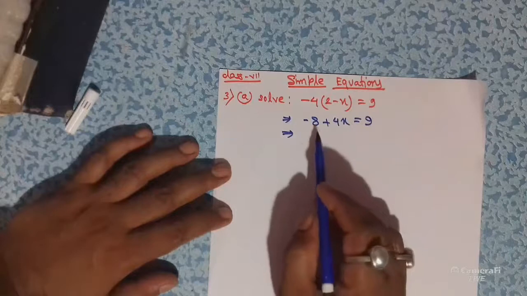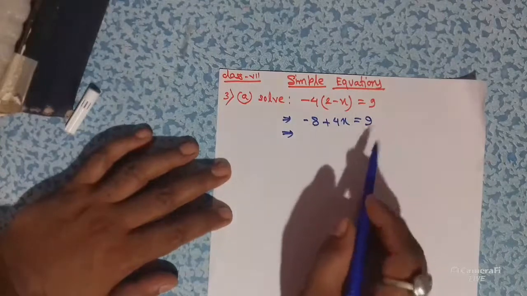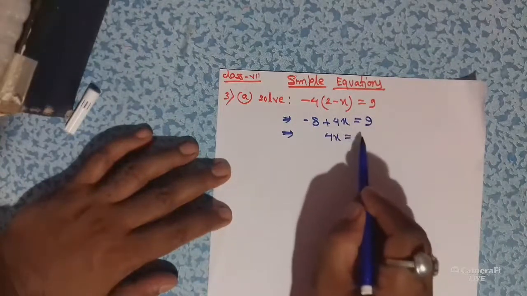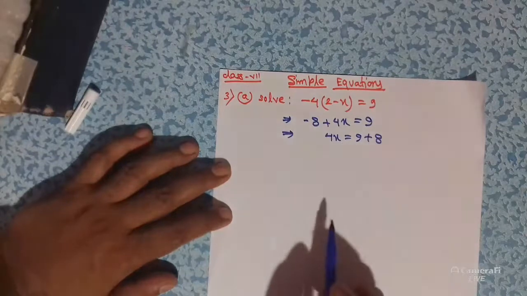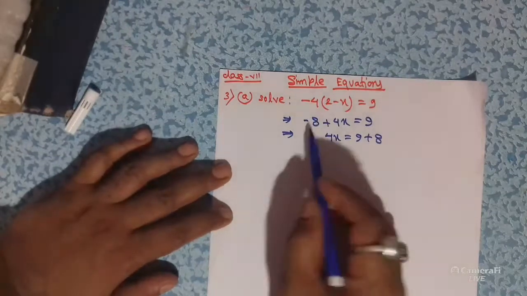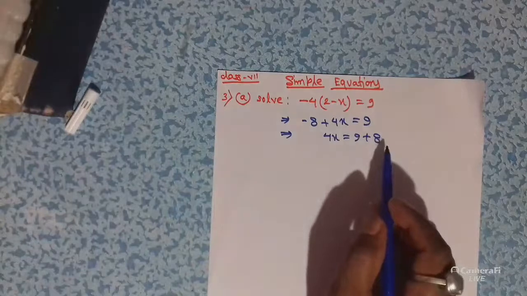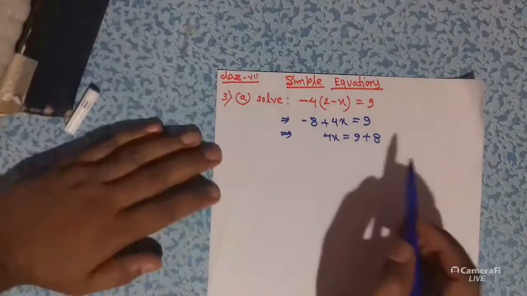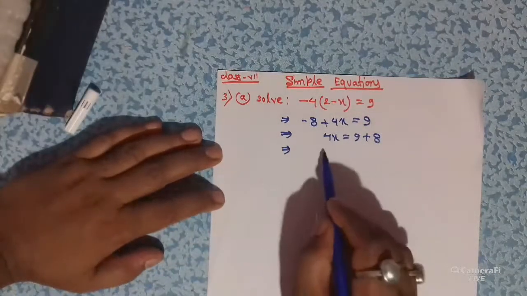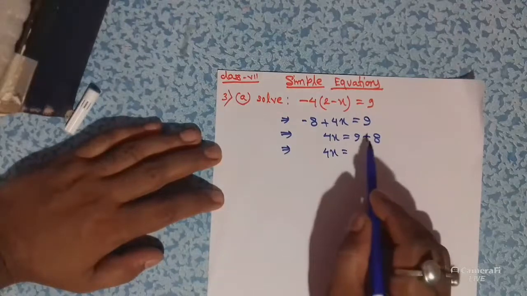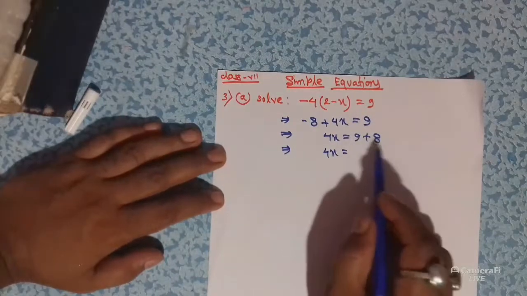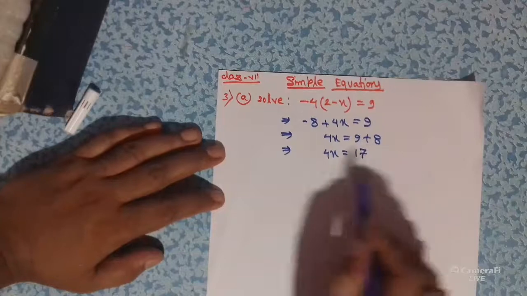Now we have to transfer -8 to the right hand side, so it will be +8. Okay, when we transfer -8 to the right hand side, it will be +8. Now 4x, add 9 with 8, so it is 17.